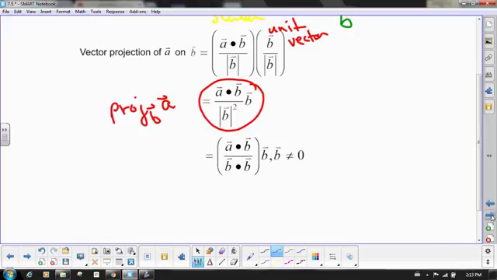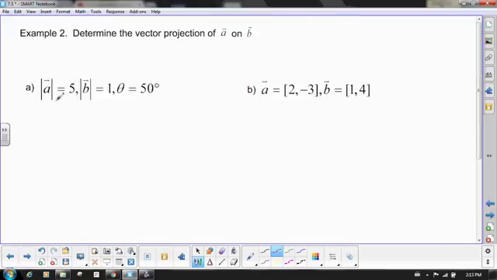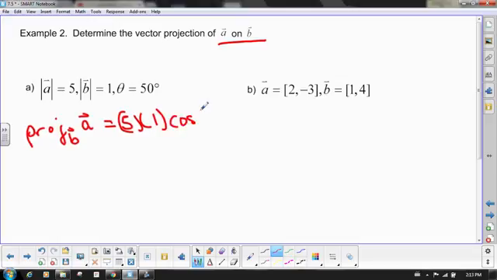So let's do an example. Vector A is 5, B is 1, and the angle in between them is 50. It's asking me to find the projection of A onto B. So I have projection with B as the subscript, of A equals 5 multiplied by 1 times the cosine of 50, since that's the dot product, all over the magnitude of B squared.